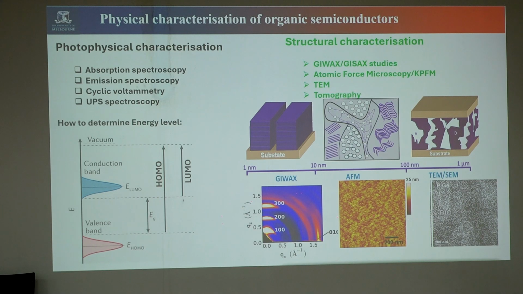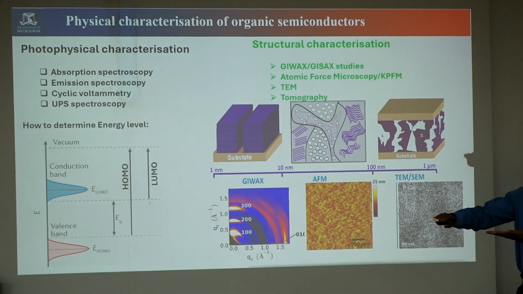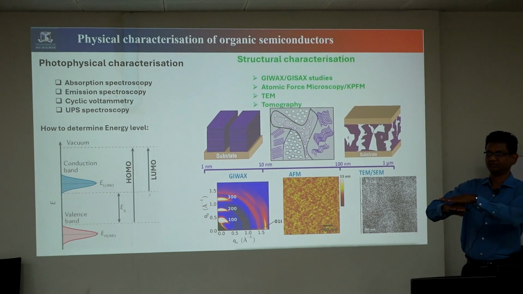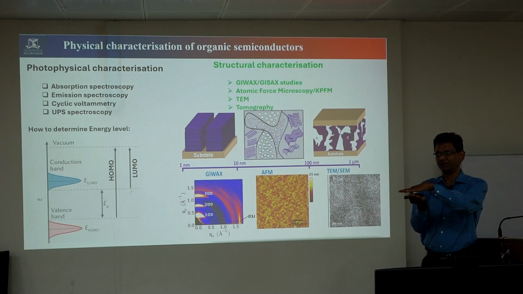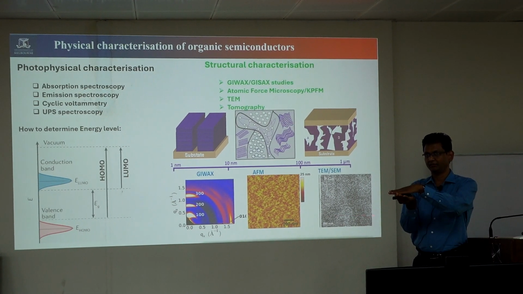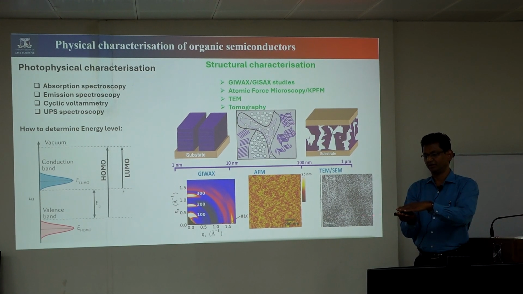As I said, the conjugated material always has pi electrons. Pi electrons have attraction. When the backbone is always a phenyl or thiophene group, pi electrons will be there. Another layer of molecules will stack on this. If you stack like this, in between, the pi electrons interact more with each other.